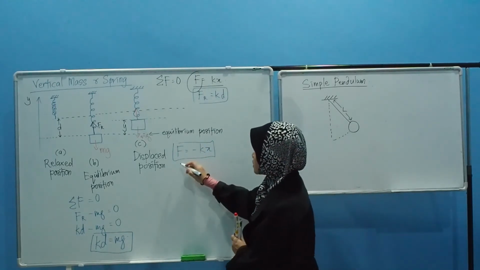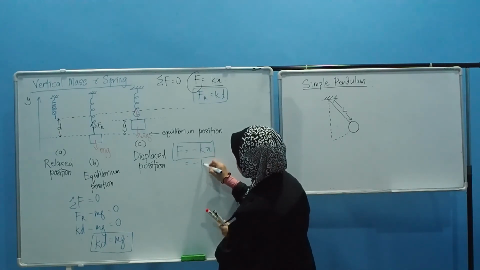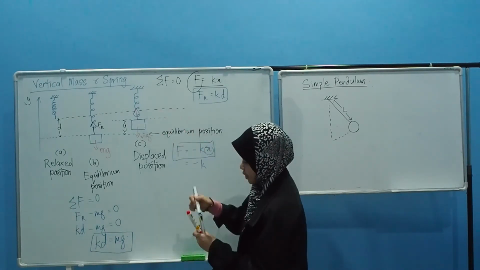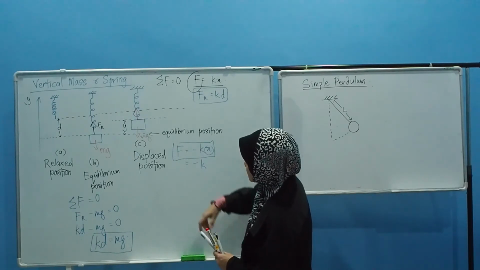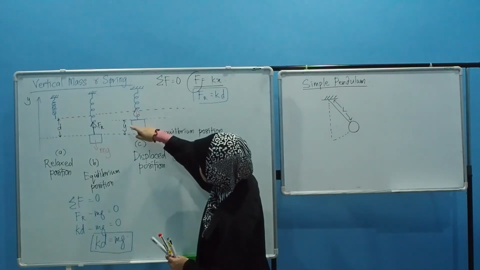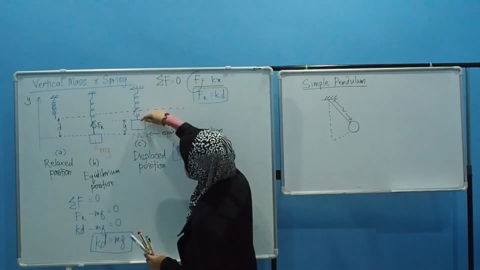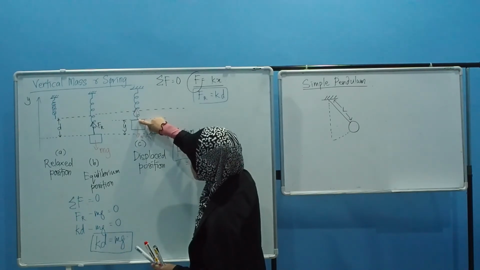So here, minus Kx. What is the value of x here for this object? This is the relaxed position of the spring, and this is the displacement when the object is displaced.